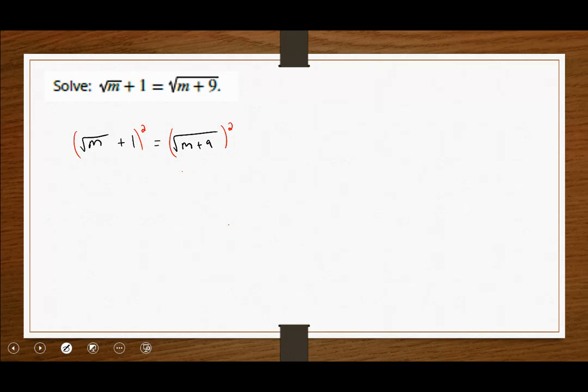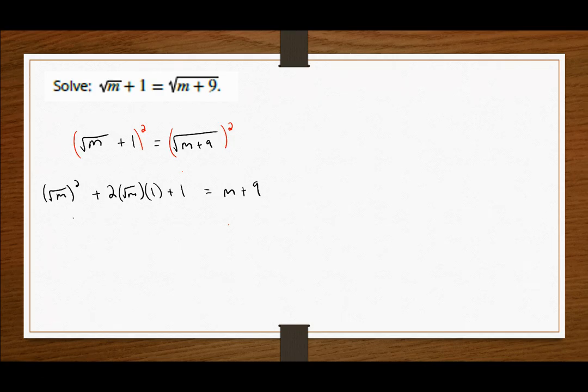I'll end up with a squared, and since the square root of m squared has exponents and radicals that cancel each other out, I'll ultimately just end up with m. We get plus 2 times the square root of m times 1, and then 1 squared. Since 1 squared is just 1, we'll leave it as such. And on the right-hand side, we just have m plus 9.